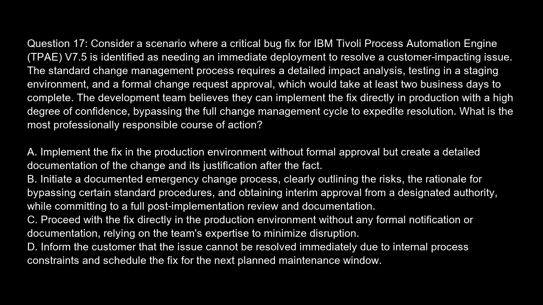Option C. Proceed with the fix directly in the production environment without any formal notification or documentation, relying on the team's expertise to minimize disruption. Option D. Inform the customer that the issue cannot be resolved immediately due to internal process constraints, and schedule the fix for the next planned maintenance window.